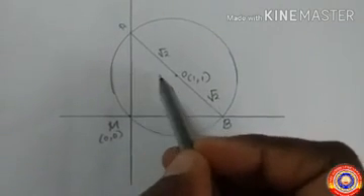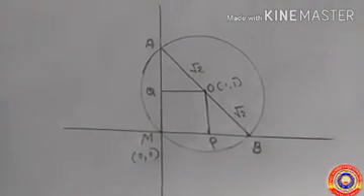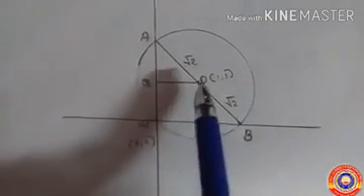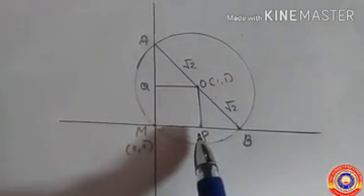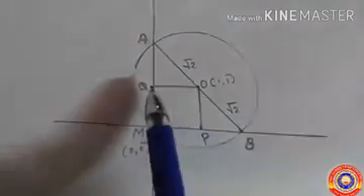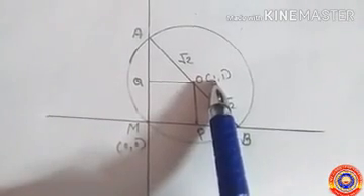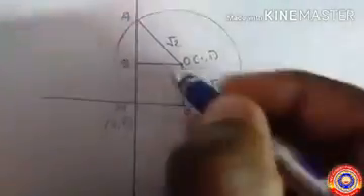M is the point on the origin and the coordinates of M are 0, 0. First we have to join OQ and OP. OQ is parallel to MP and is equal to 1, which means the point P is 1 unit away from the center.